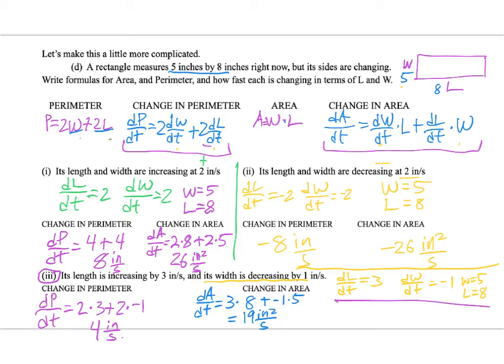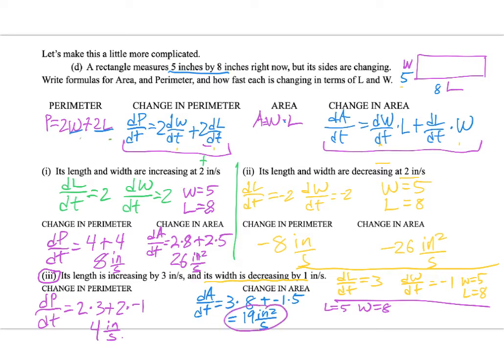If you had done L equals 5, W equals 8, then we're going to have some slightly different things. I like that I switched these things around and did the opposite ones in the last one.